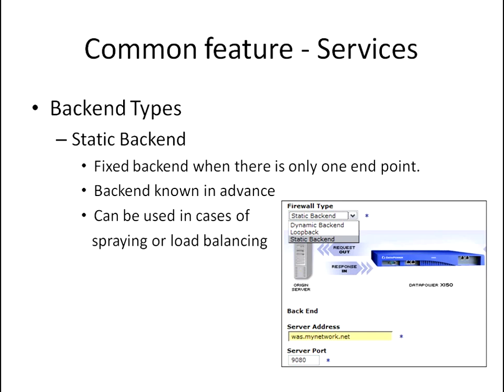Loopback is one of the options where you want to test something in DataPower and you really don't have any backend services available. In that case, you can have your firewall type as a loopback, where DataPower can act as a server for you, which means the backend server for you, and it can respond back to you based on your incoming request message, execute some processing policy rules, and give back a response.